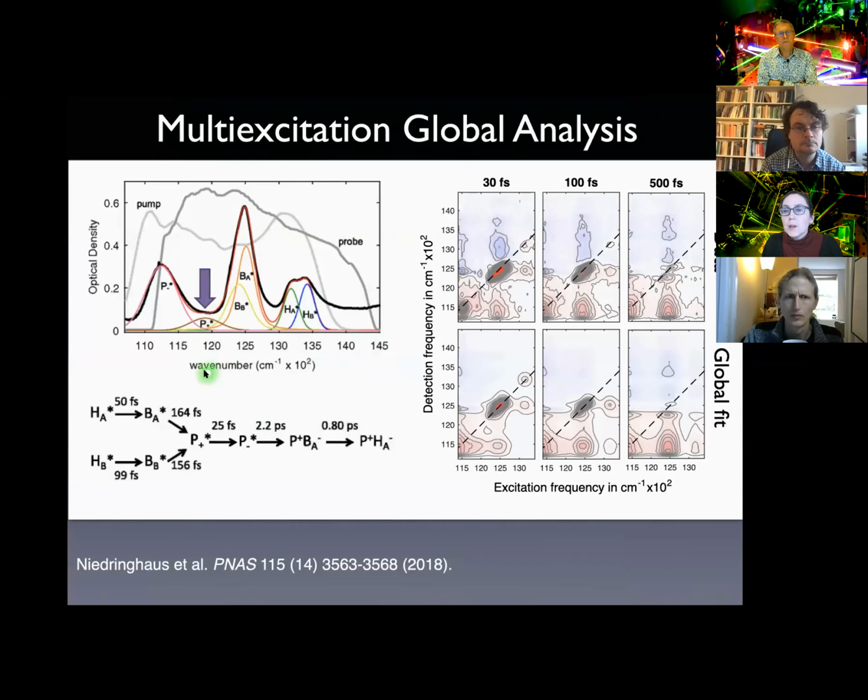What's unknown though are the signatures of the charge separated intermediates. So we extended their multi-excitation global analysis approach and simultaneously fit with an exciton model the linear spectra, and then also the 2D spectra. And we were able to use this to test models of charge separation.